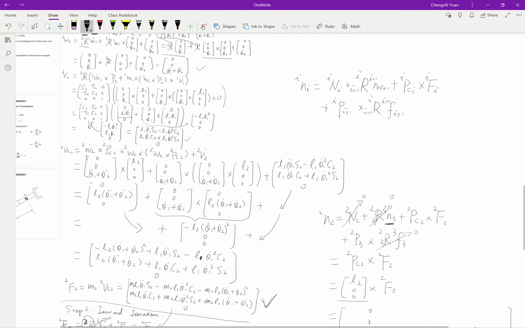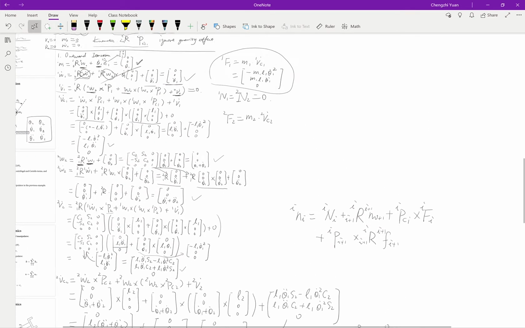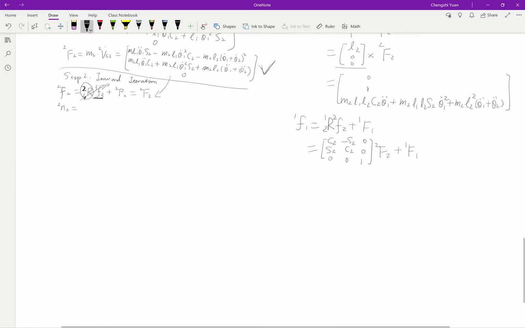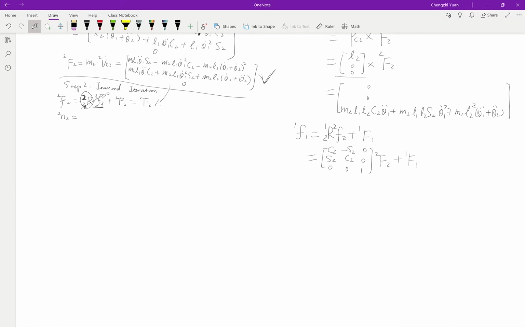What is capital F_1^1 coming from? Coming from here. You can multiply all these matrices and vectors together and sum them up. I will ignore the results here first and give you the final results later.